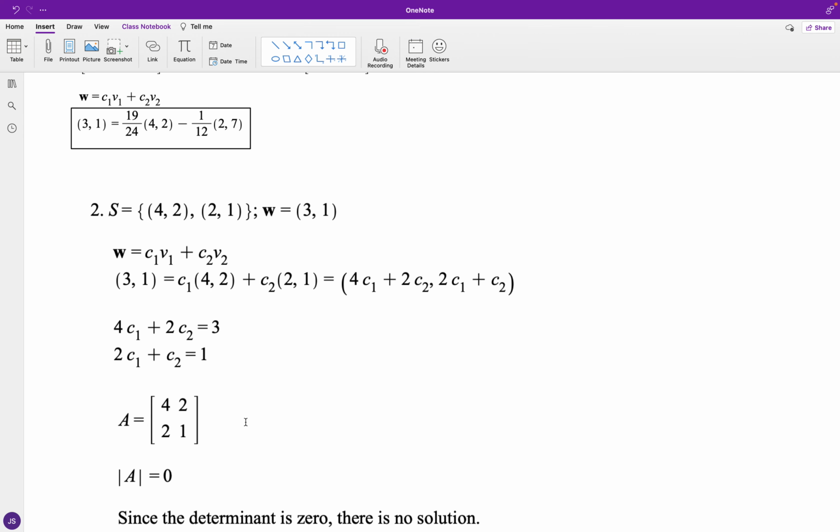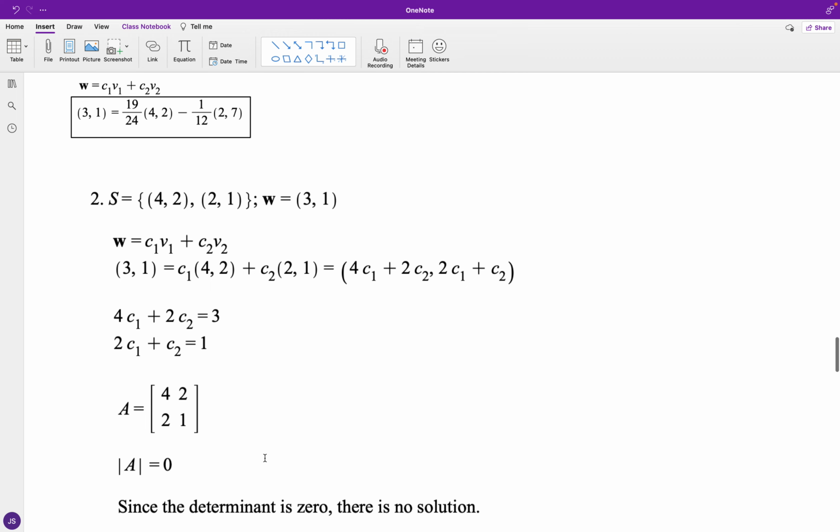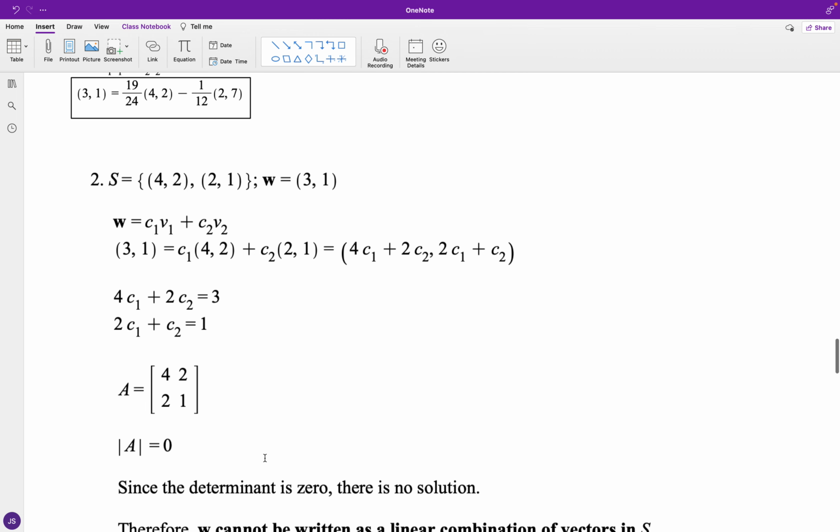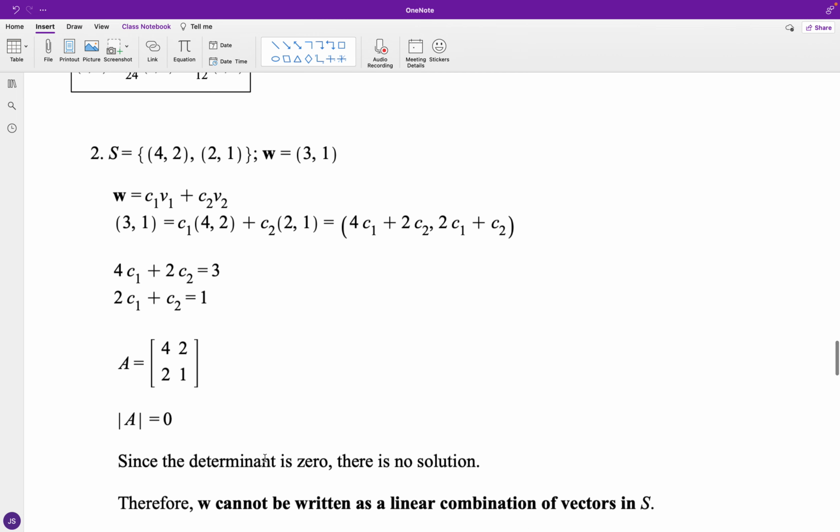For the coefficient matrix, again I have 4 and 2, 2 and 1, and the determinant value is going to be 0. Since the determinant of the coefficient matrix is 0, there is no solution. Therefore, w cannot be written as a linear combination of vectors in S.